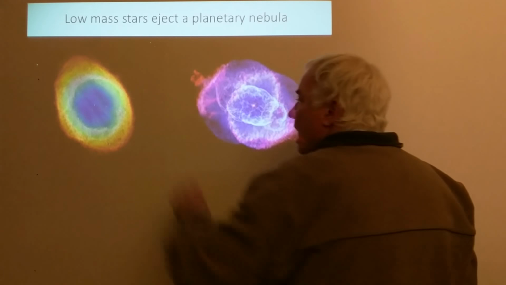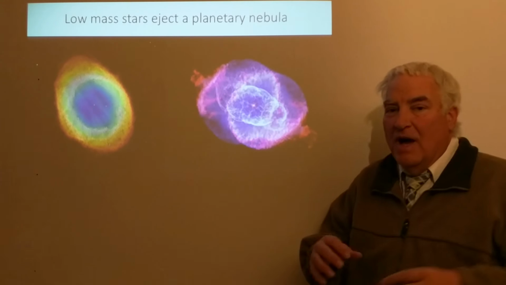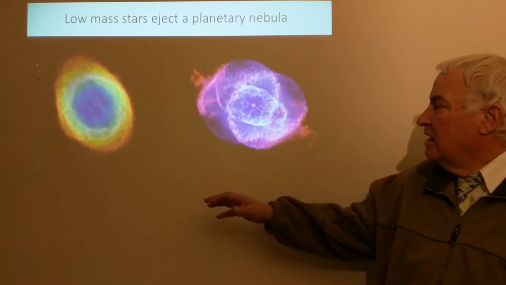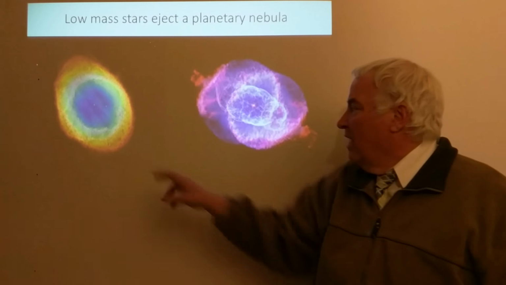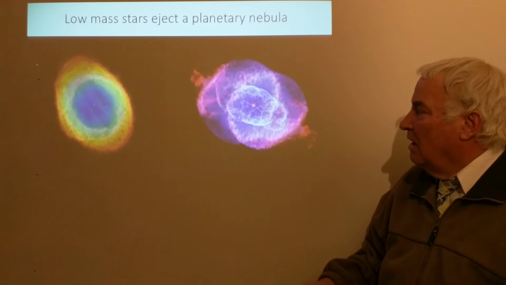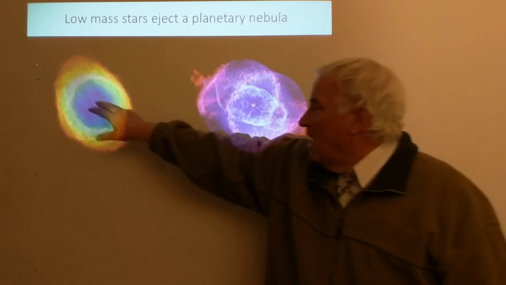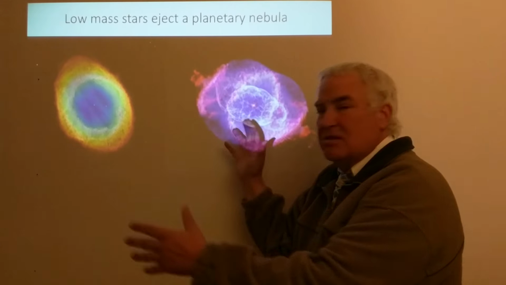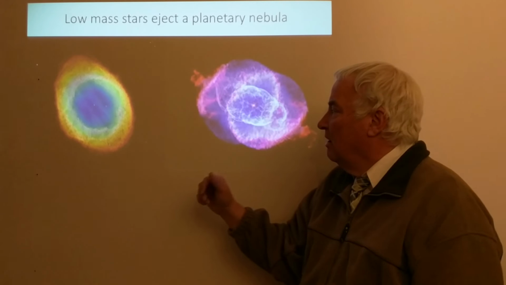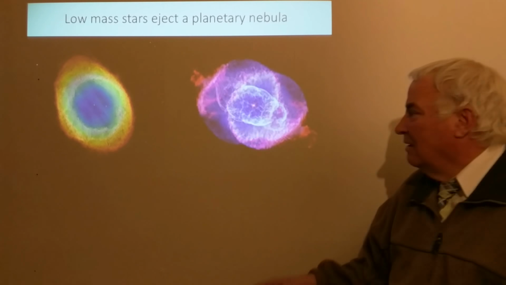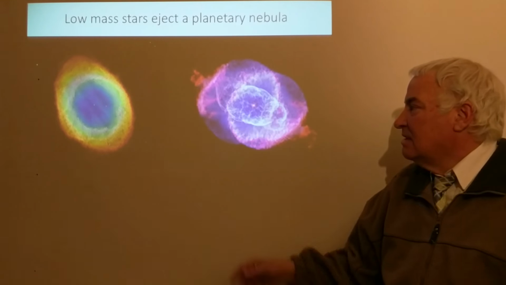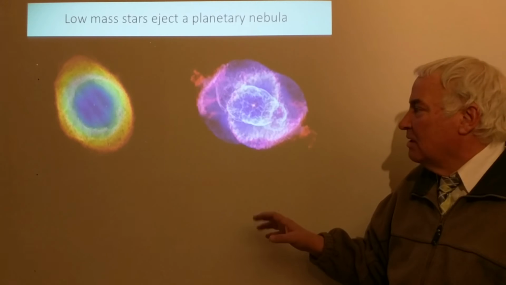And because it's so hot, it's emitting ultraviolet light, and that light is shining on the gas that is escaping the star. And for that time period when the star is hot and the gas is not so far away from the star, it is lit by the star, and then the planetary nebula shines.